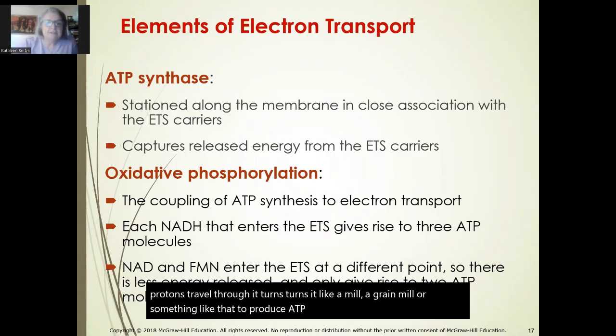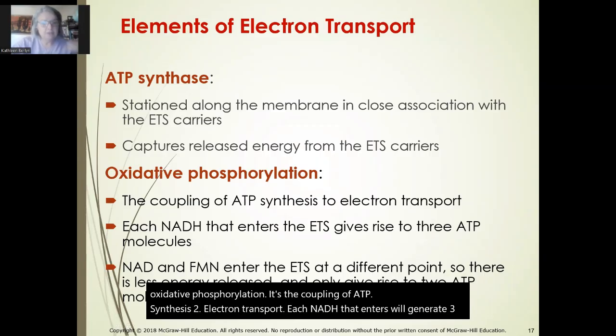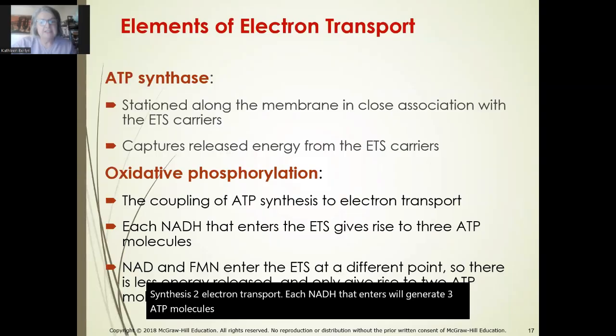This is called oxidative phosphorylation. It's the coupling of ATP synthesis to electron transport. Each NADH that enters will generate 3 ATP molecules, and each FADH2 will produce 2 ATP molecules.